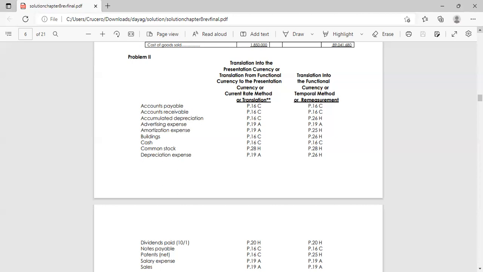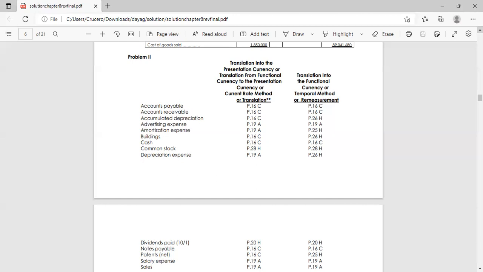Now, for the amortization expense on the patents, for method number 1, we have the amortization and any other allocation of non-monetary items, including patents. We use the historical or the actual rate at the date when the expense is incurred, or the average rate if the expense is incurred evenly throughout the year.